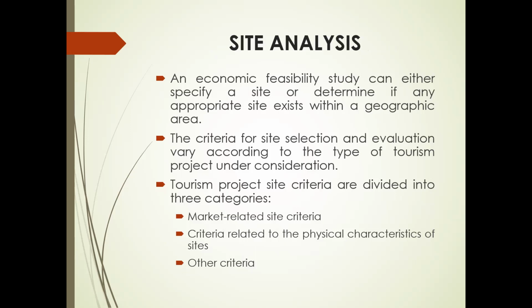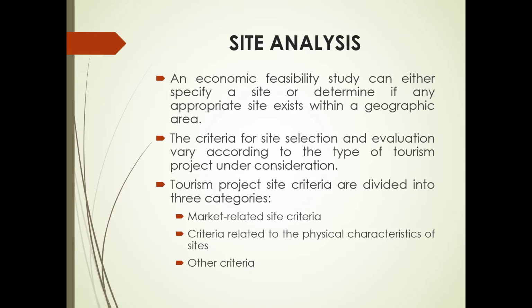The criteria for site selection and evaluation vary according to the type of the development or tourism project under consideration. For example, an urban hotel requires proximity and concentration of industry and commerce. Likewise, a motor hotel requires proximity to highways, while the placement of tennis courts is dictated by the wind and the conditions of the site.